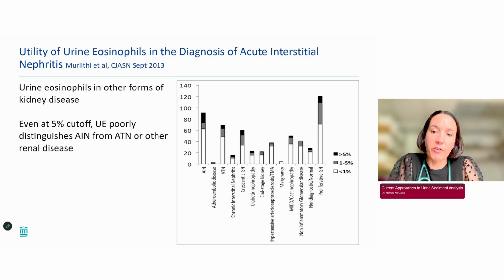And interstitial nephritis is the first column here. But what you can see is that if we compare interstitial nephritis to acute tubular necrosis, crescentic GN, proliferative GN, and other forms of kidney disease, urine eos distinguishes very poorly between interstitial nephritis and other forms of kidney disease. So it's of very little utility in terms of diagnostics.